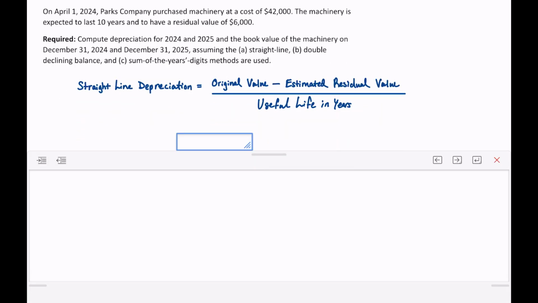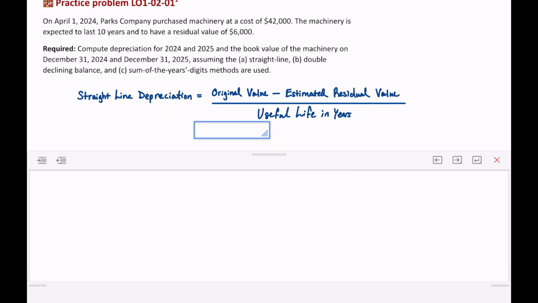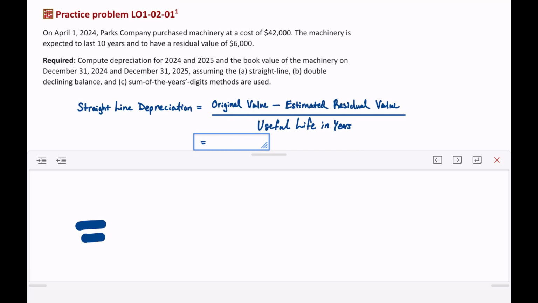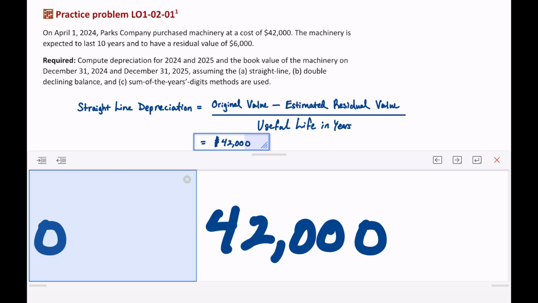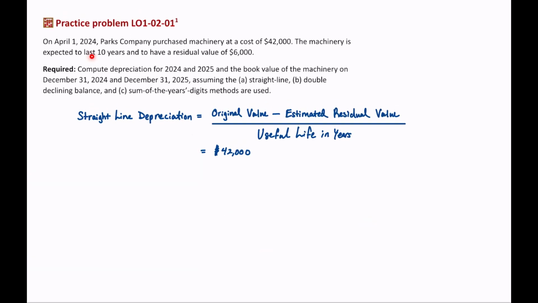And so what we're going to do here is just fill in what we know. All right, so on April 1st, 2024, Park Company purchased machinery at a cost of $42,000. There is the original value, $42,000. The machinery is expected to last 10 years with a residual value of 6. So we can fill those things in as well.